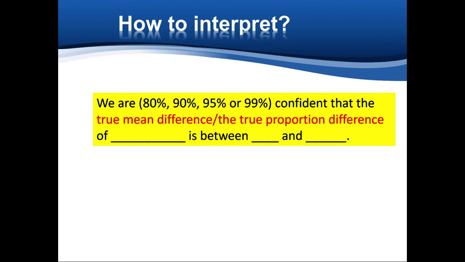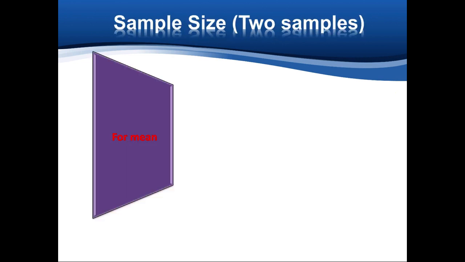Lastly, let's also extend the sample size formula in Chapter 7 to two samples problem. For mean, we may need to assume N1 equals to N2, otherwise we may not be able to solve the equation.